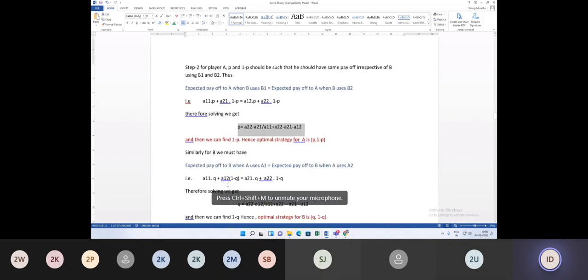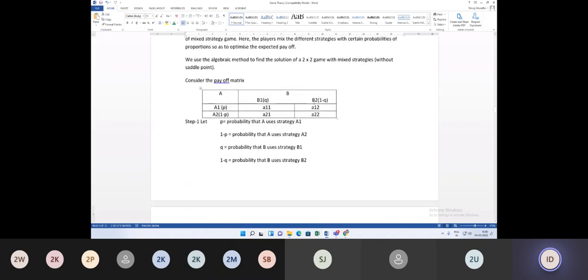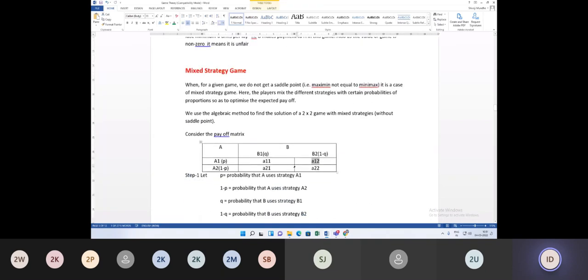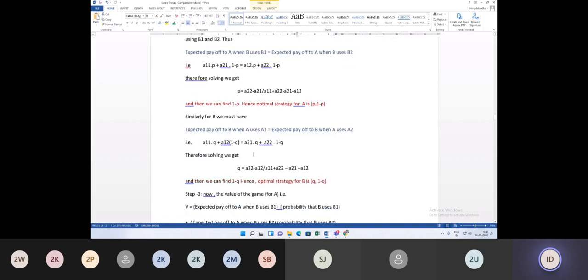Plus A12 multiplied by 1 minus Q is equal to A21 multiplied by Q plus A22 multiplied by 1 minus Q. Therefore, again Q is worked out using a similar method, right? Once we get Q, that is again the probability of B. Q means the notation I changed.